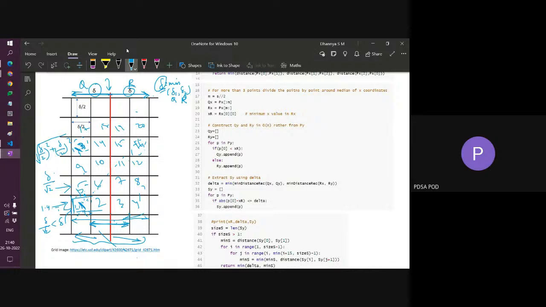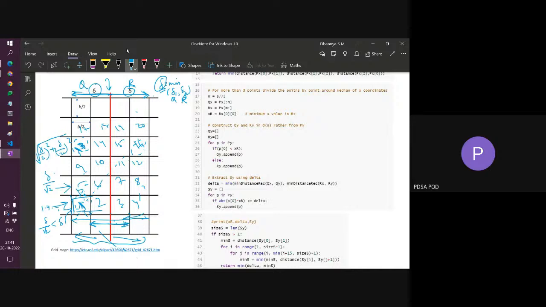Suppose you have only 6 points in that whole band, then you don't even have to compare 15. You only have to compare something less than that. So the number of points that you have to compare is actually upper bounded by a constant, which reduces your complexity. Is this clear?